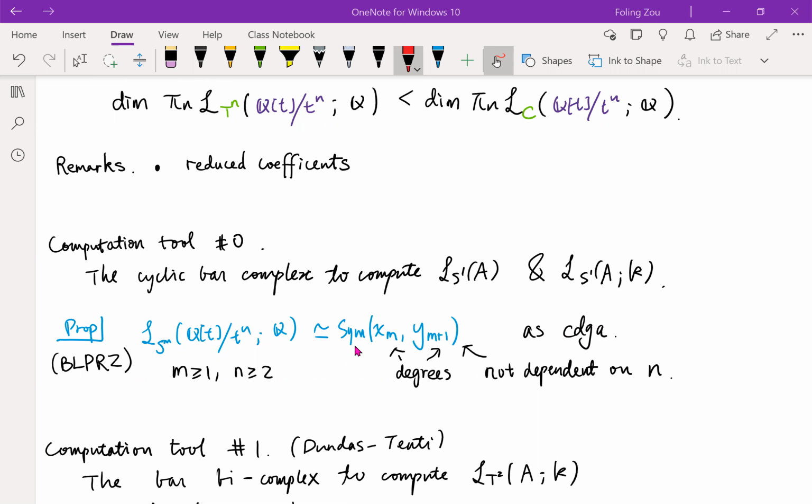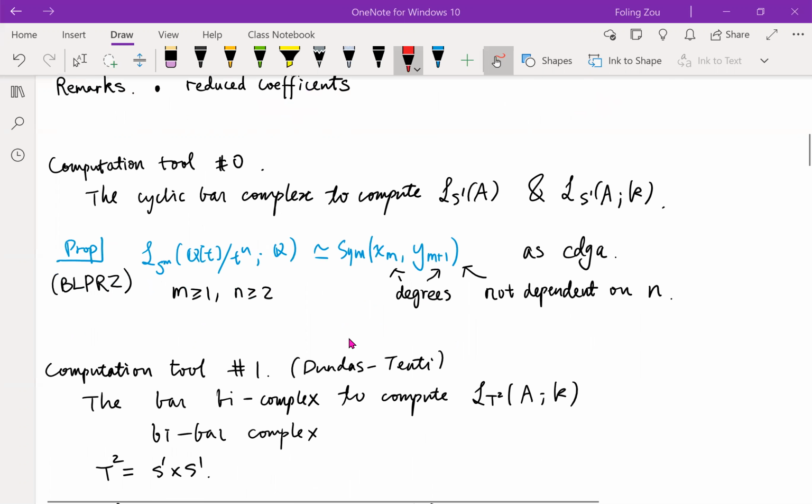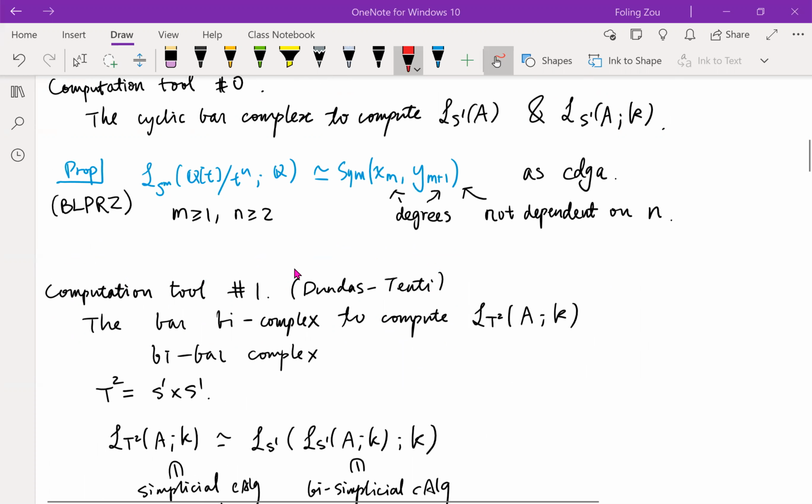This is quasi-isomorphic to the free symmetric algebra on two generators, one of degree m and one of degree m plus 1. The free symmetric algebra on an odd degree generator means the exterior algebra, and on even degree generators means the polynomial algebra. And what is strange on the right-hand side is that it actually does not depend on n. So it does not depend on the power of the truncation here. So we will use this as an input.